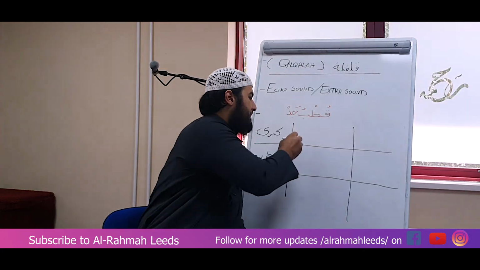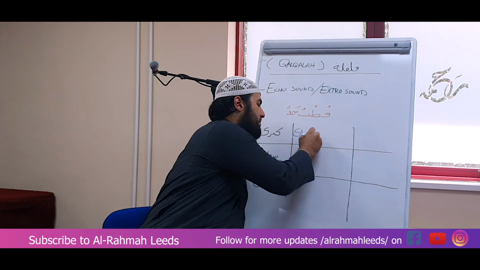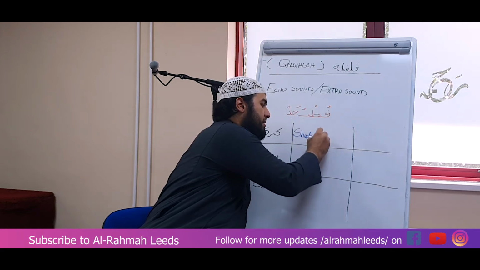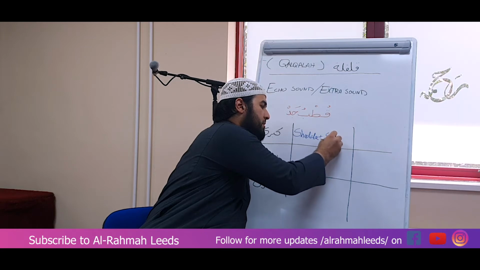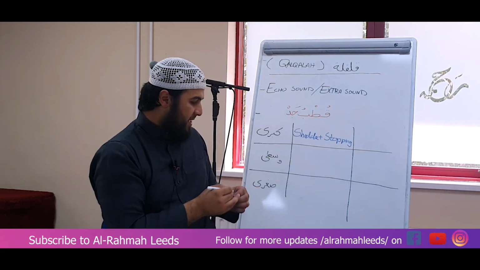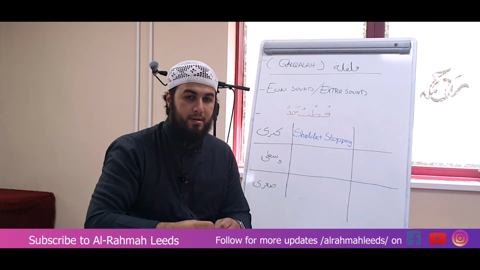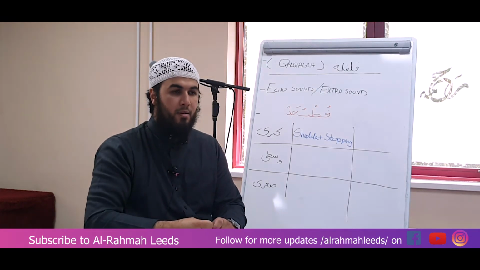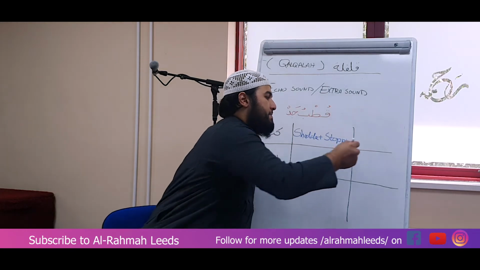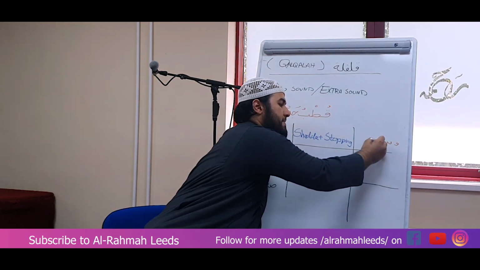So when you have shadda plus stopping, then you get the Kubra. Like تبت يدا أبي لهب وتب.